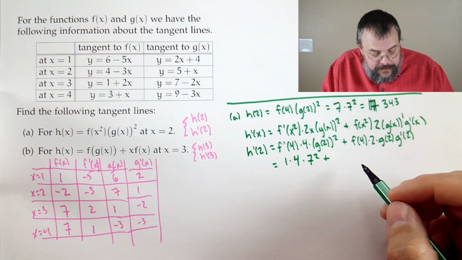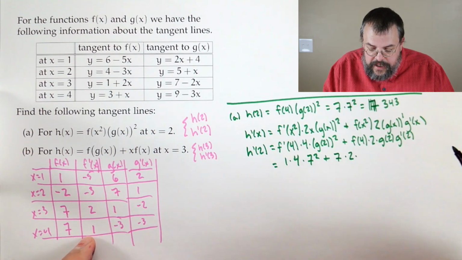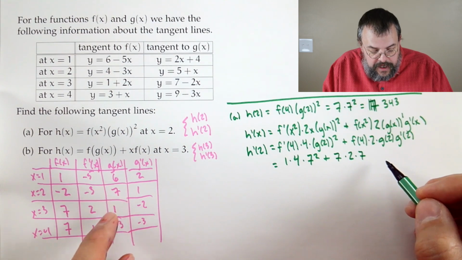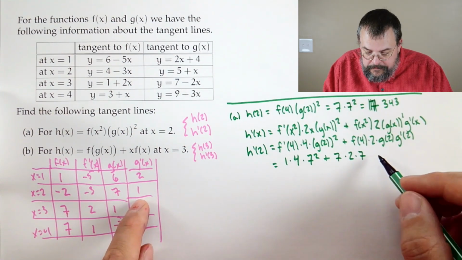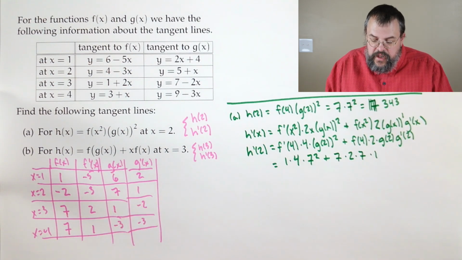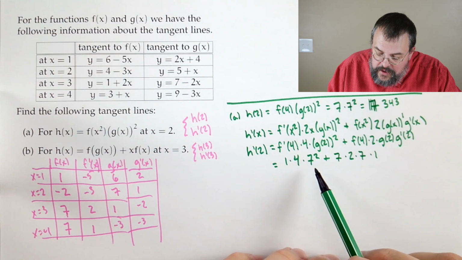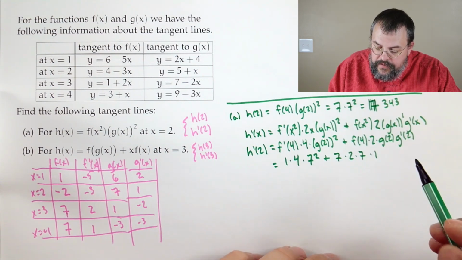So what is f of 4? f of 4 is 7 times 2 times g of 2, which is 7. And then g prime of 2? Well, g prime of 2 is 1. Okay, now, this looks complicated, but you can actually pull out a 7 squared, because both of them have 7 squared.